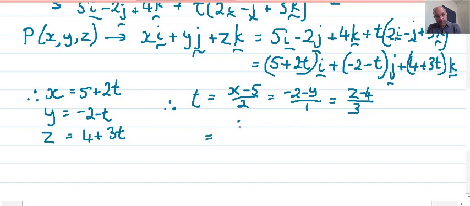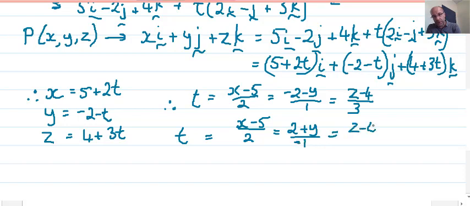So t equals x minus 5 over 2, which equals, times the top by -1, 2 plus y over negative 1. It's one of the rare cases where you see a negative on the denominator, and z minus 4 over 3. We say that this is in Cartesian form right here.